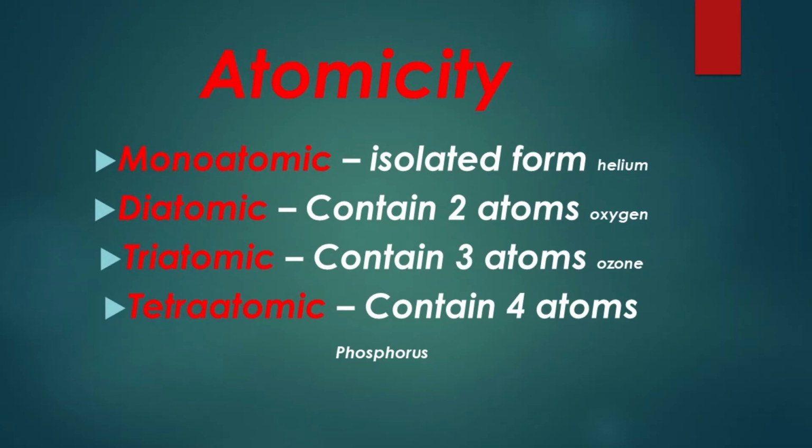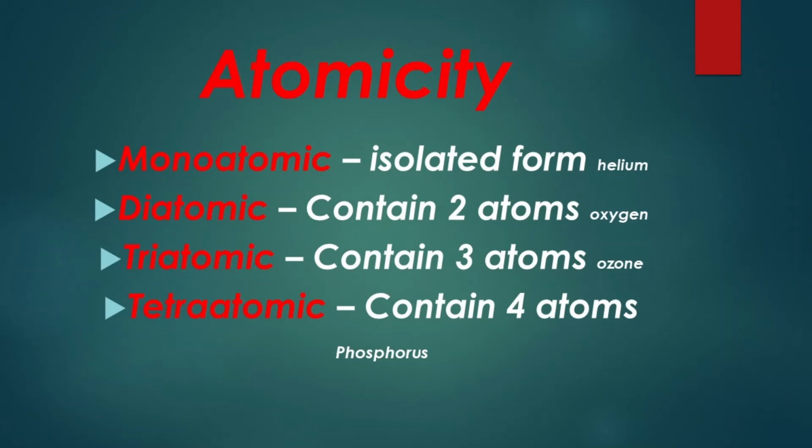Moving on to atomicity. Atomicity is defined as the number of atoms present in a molecule of an element. If an element exists in the isolated form, then we call it a monoatomic molecule, and its examples are helium, neon and argon.